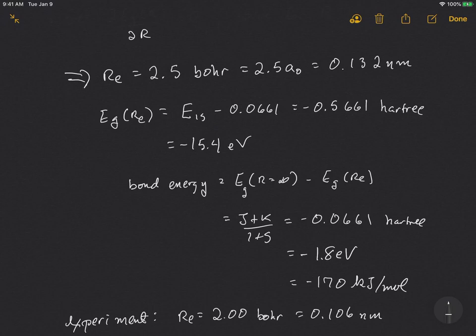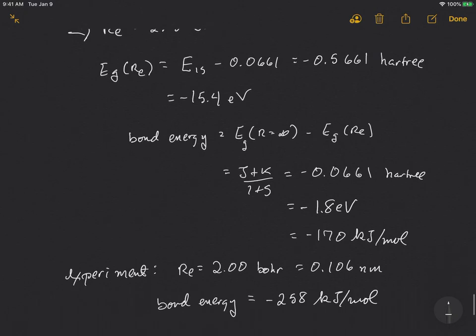From experiment or from higher level theory, such as applying Hartree-Fock to the system with a larger basis set, we get that the actual equilibrium internuclear distance is about 2.00 Bohr, or about 0.106 nanometers, so a little bit shorter than our estimate.